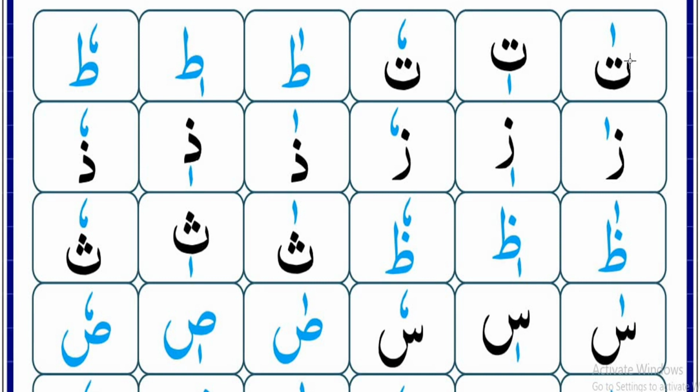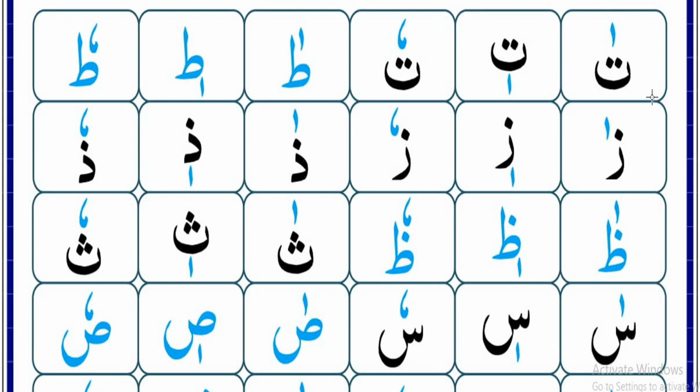But with these vertical signs, remember the sound would be stretched. These signs, these symbols are like madda letters. We talked about the madda letters in the previous video. Madda letters are supposed to stretch the sound. For example, ba fatha ba, if you read it with the alif madda, that alif stretches the sound of ba.